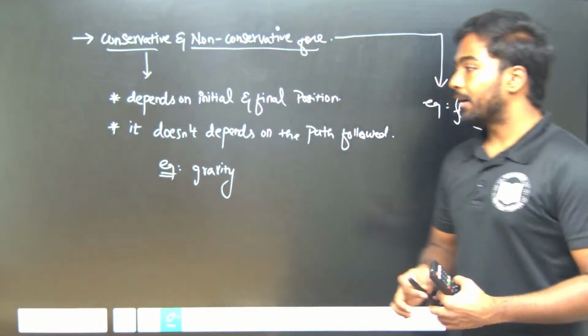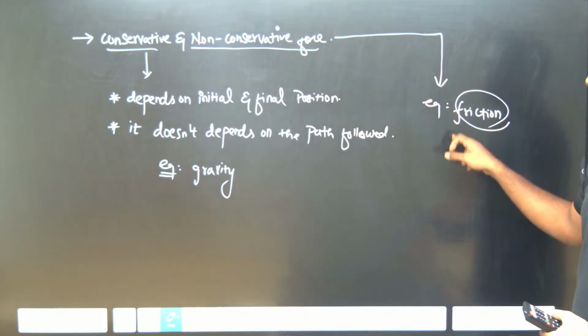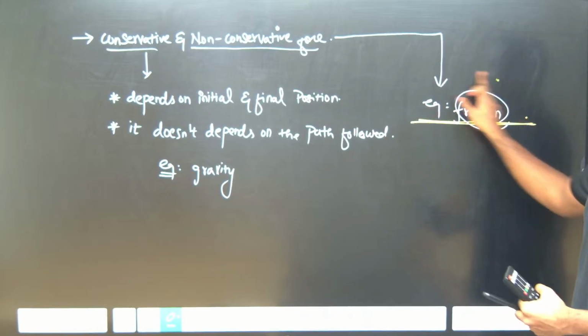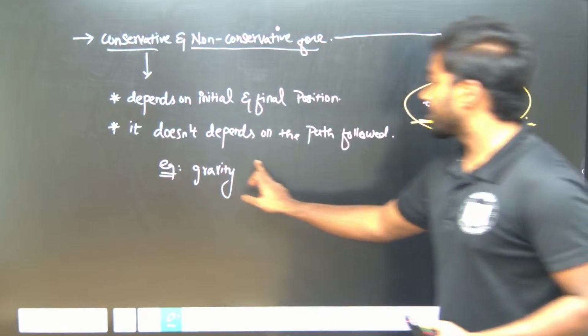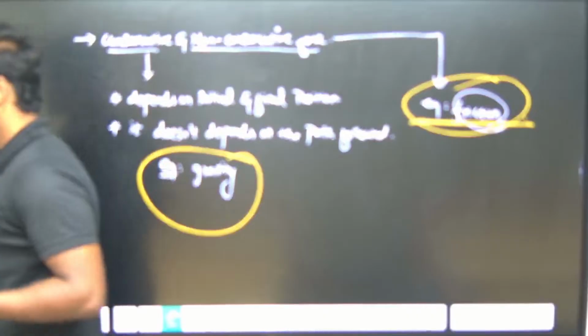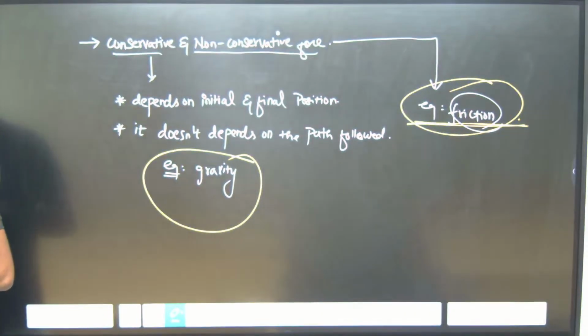It doesn't depend on the path by which it has been traveled. Whereas a non-conservative force depends on the path traveled. That's why the example given here is friction, and here the example is gravity. Got it? We'll go for the next one.